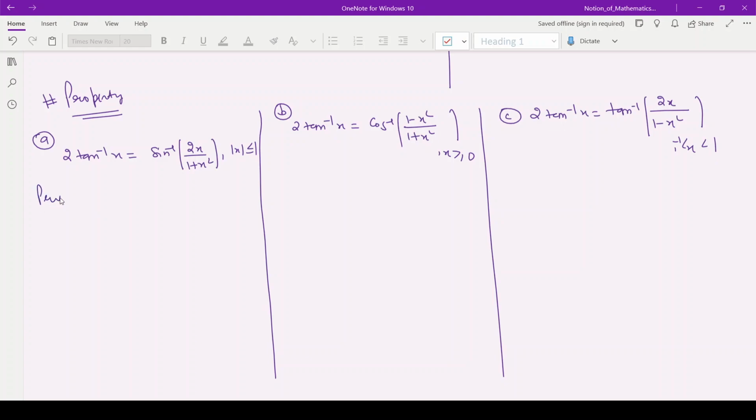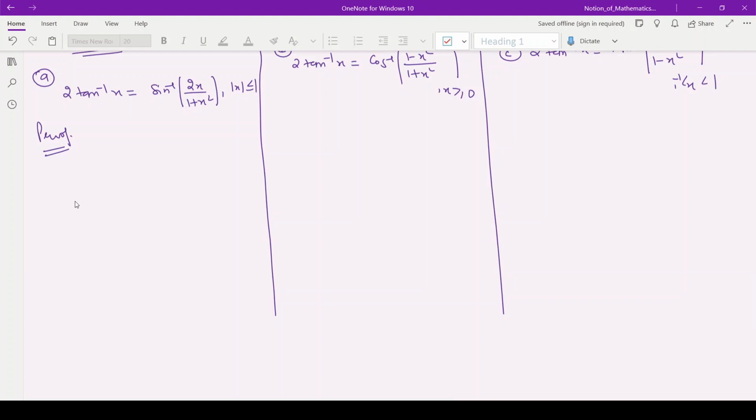So I will be proving this A part firstly. For this purpose, I am taking tan inverse x is y, or x is tan y. This particular RHS I can deal with here: sine inverse of 2x upon (1 plus x square). Now I will utilize the value of x here.